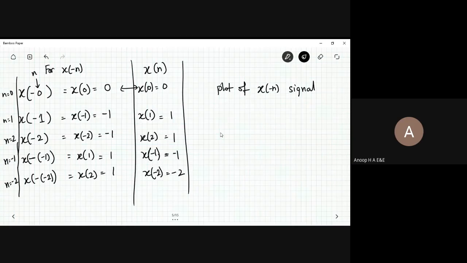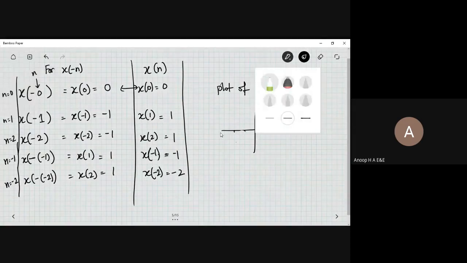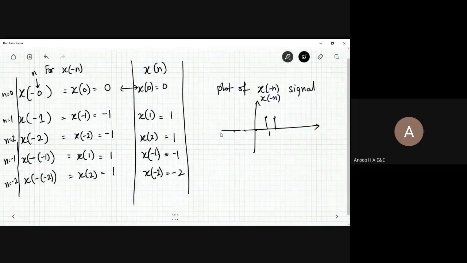Okay. So let me plot the signal of x of minus n. So x of minus n is the signal to be plotted here. What is x of 0? 0. x of minus 1, minus 1 here. So for n equals 1, it has to be, yeah, this is for n equals 1 here. n equals 1, 2, this one.